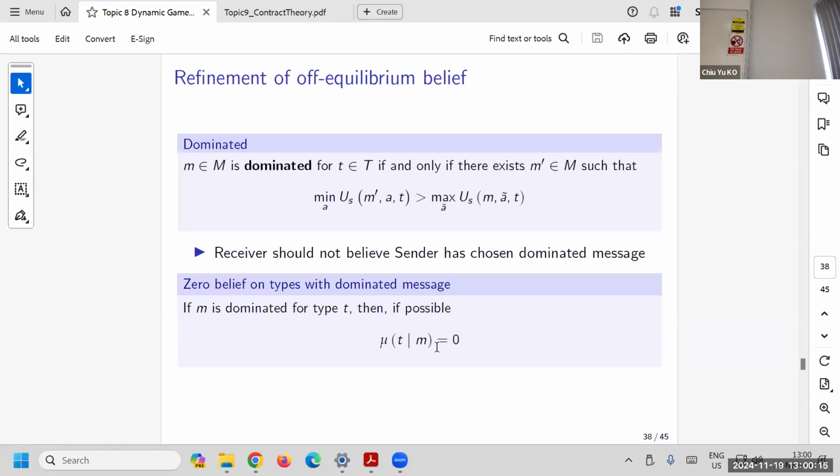Okay, we're looking at off equilibrium. On equilibrium we can't do anything, right? Off equilibrium we say something.